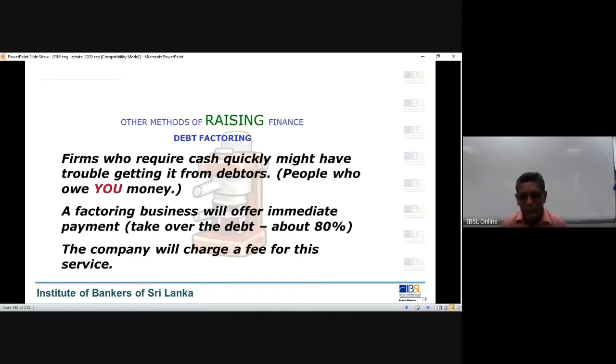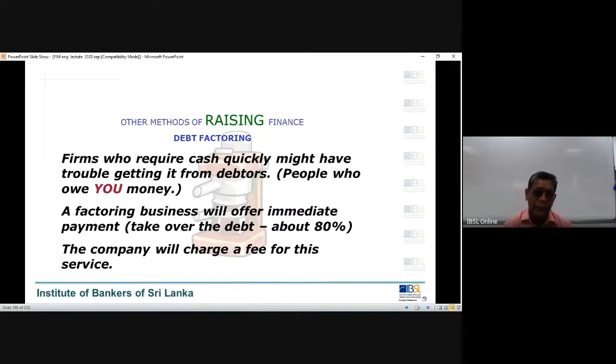So what do debt factoring companies do? They look at the customer who purchased, and the debt factoring company settles those invoices to the particular company without waiting three or four months. But for that, they may charge some commission.